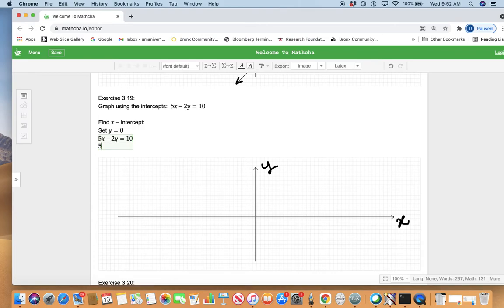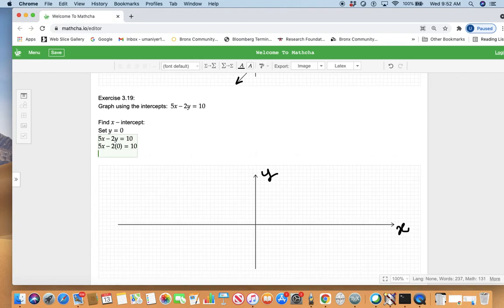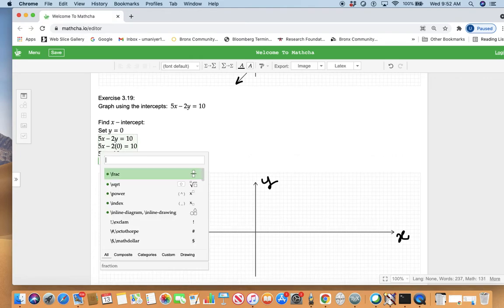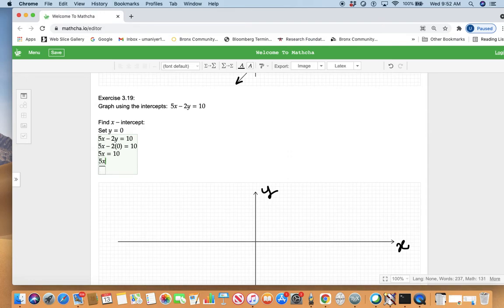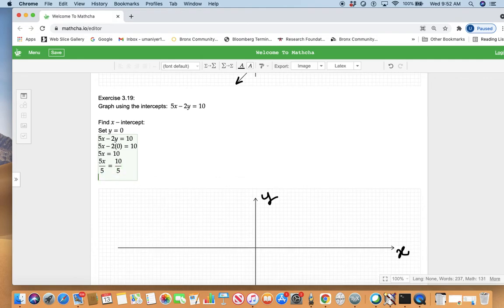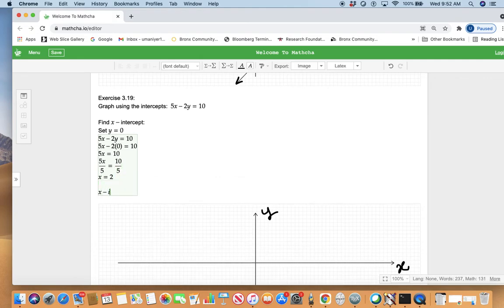Okay. 5x minus 2 times 0 equals 10. 5x equals 10. Divide both sides by 5. X equals 2. So your x-intercept is x coordinate 2, y coordinate 0.